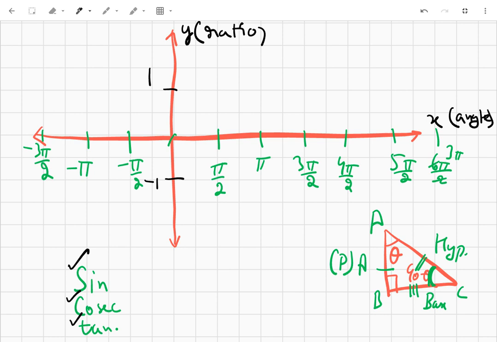We know sine 0 is 0, so I start the graph of sine with this. Sine 0 is 0, so I draw it like this. Sine pi, oh my bad, it can't cross 1. Bear with me.